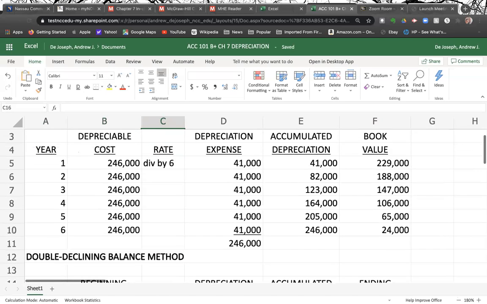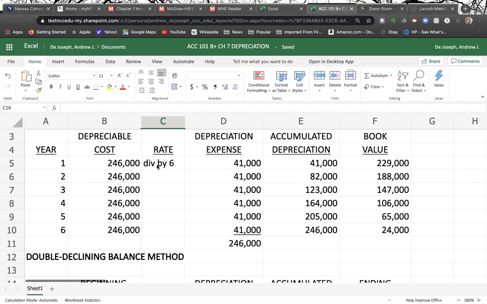The rate for straight line was 1/6. Well, double 1/6 is 2/6, and 2/6 is 1/3. 1/3, if you do it as a percent or a decimal, it's 0.33333333333, right? From here all the way to the other side of the world.